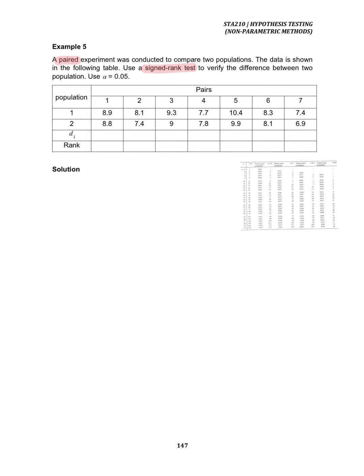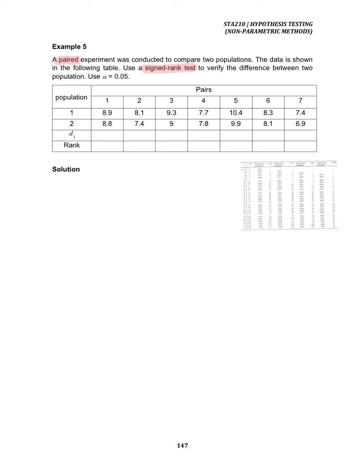Okay, so what should we do here? We have to find the difference first for each pair, for the 7 pairs, and then we have to rank the difference. Untuk kat sini dia tak bagi tahu denote dia berapa, so we don't have to subtract the difference with the denote.